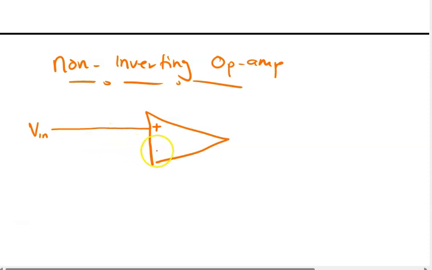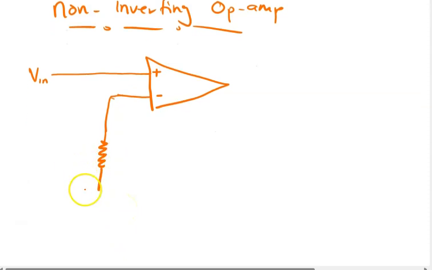Then we have the input resistance connecting the inverting side, and we have the ground. Do you get it? So we have the input resistance here, and attached to it, that's the virtual ground, we have the feedback resistance, that's the RF, right?